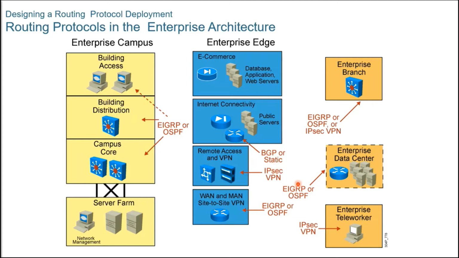So within the enterprise, you can also use EIGRP or OSPF. Same thing with the site-to-site VPN, one-end man. Enterprise branch, within the branch, you can use EIGRP or OSPF there. For connectivity, you can use a VPN.